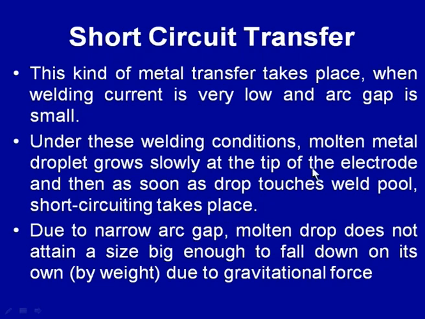So, melting will be taking place slowly, the molten metal drop hanging at the tip of the electrode will be growing slowly, and as soon as it touches the weld pool, short circuiting takes place, and as the short circuiting takes place, there will be heavy flow of the current, which in turn generates a lot of heat, and thins down the molten metal, means the surface tension is reduced, viscosity is reduced, and then by the surface tension force the molten metal drop is detached from the electrode tip to the weld pool zone.